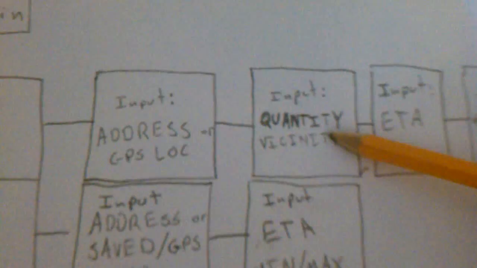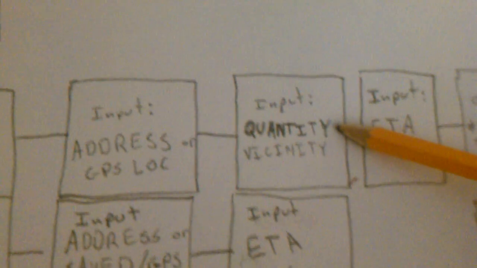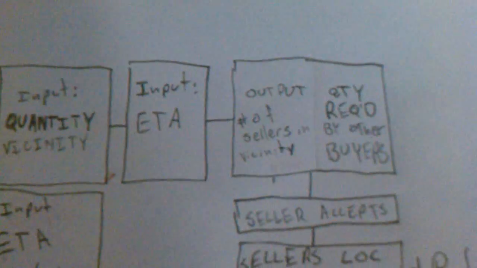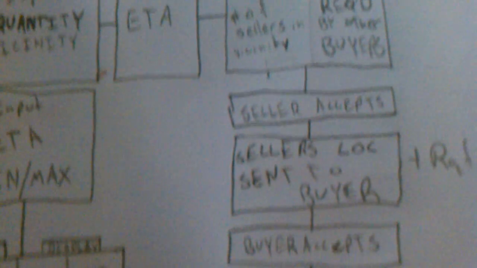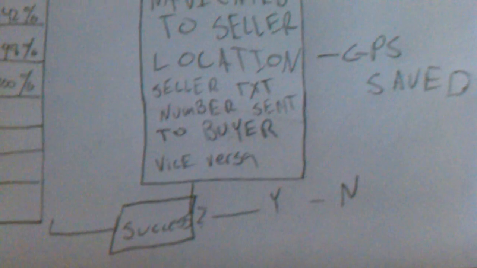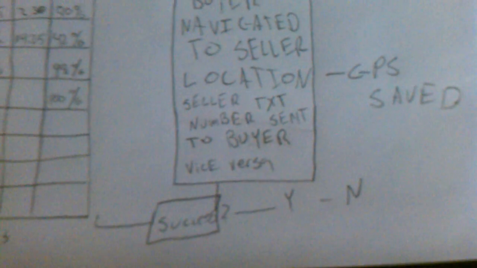And this is this field right here that the buyer inputs. All sellers see all buyers. The buyers don't need to necessarily see the sellers until an agreement is made.